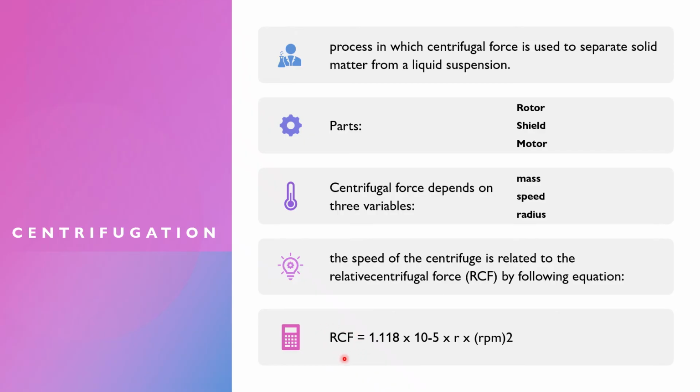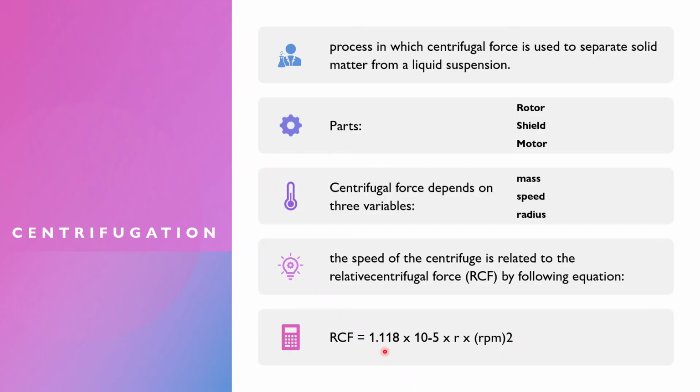The speed of the centrifuge is related to the RCF by the following equation: RCF = 1.118 × 10^-5 × radius × RPM squared.